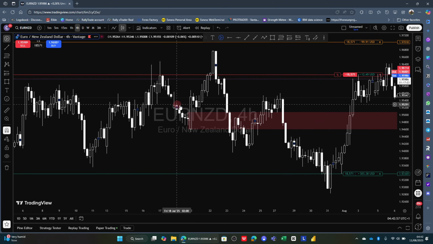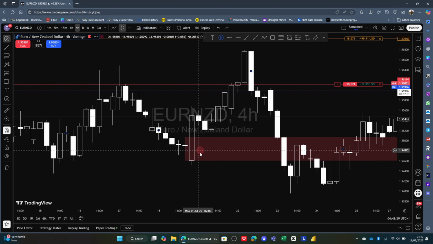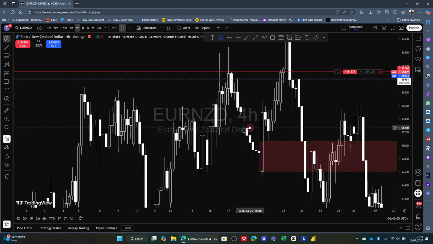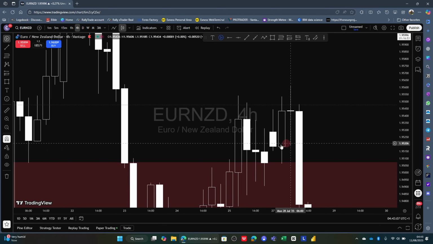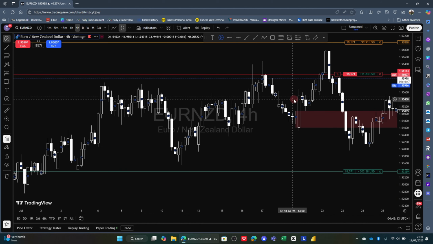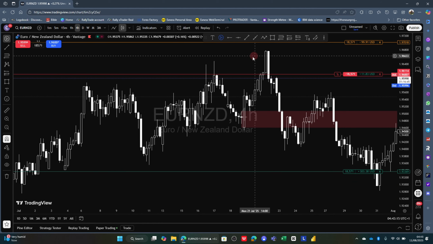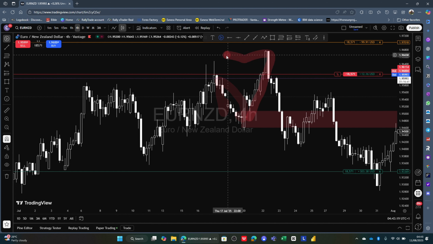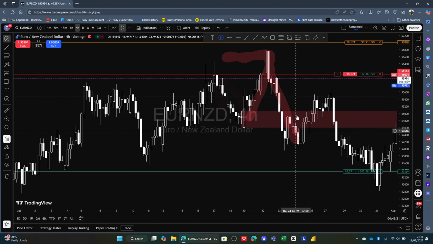Something you quickly notice is this demand zone was almost utilized. Was it even utilized actually? Let's see. It was utilized immediately, very tiny touch, but price went higher because there was no zone here. It went higher and went above, then it immediately rejected.